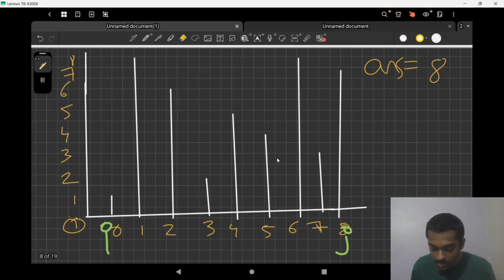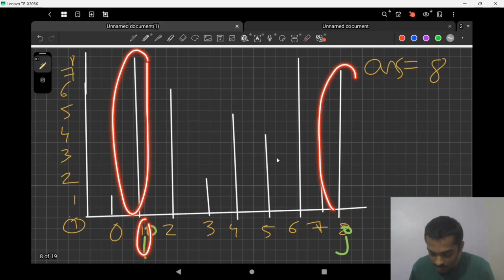Now which pointer do we have to increase? Yes, we have to increase our i pointer, because width is going to decrease anyway, so we want to keep the height which is bigger. So we increase our i pointer to here. Now this height is 8 and this height is 7.